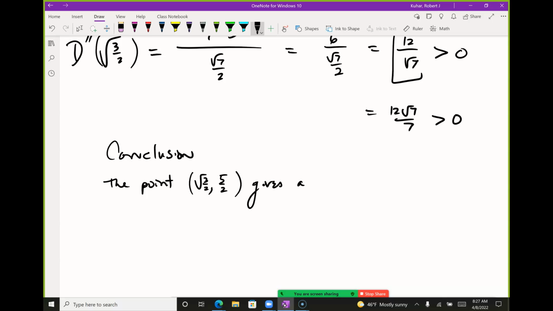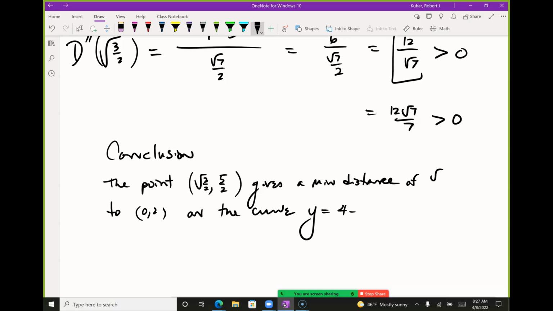Gives a min distance of square root of 7/2 to the point 0, 2 on the curve y equals 4 minus x squared. That's not the best English, but you get the idea.